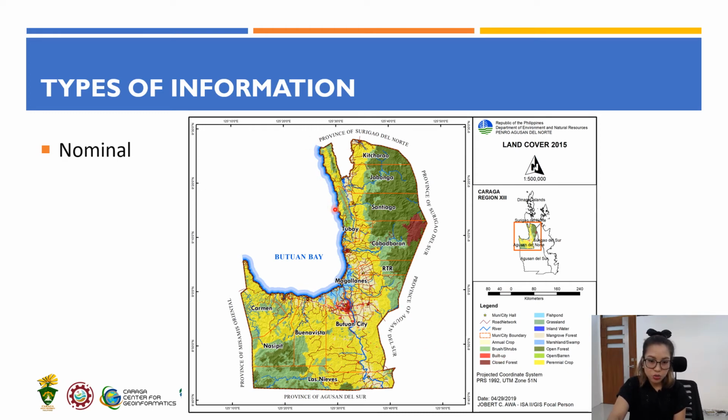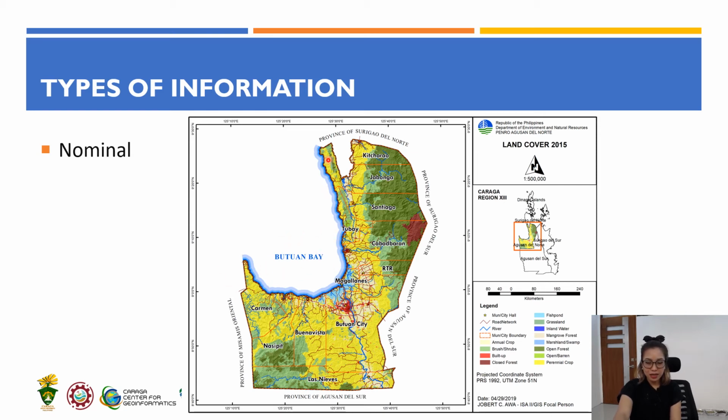The blue is being classified as water. I'm sure this is water. So by looking at the map, even if you have no idea what is in Butuan or what elements you're expecting to see, we will know that this is the sea because this is Butuan Bay obviously.